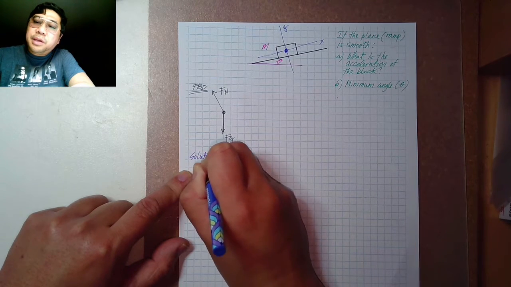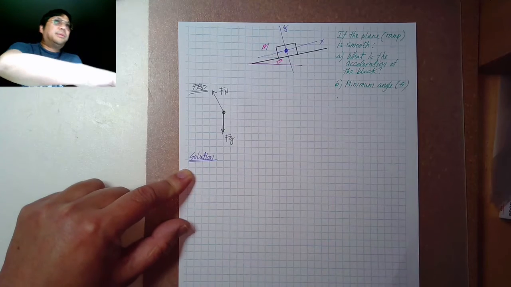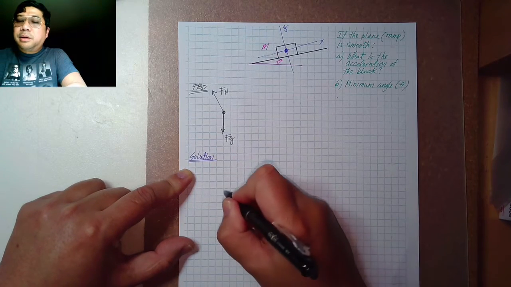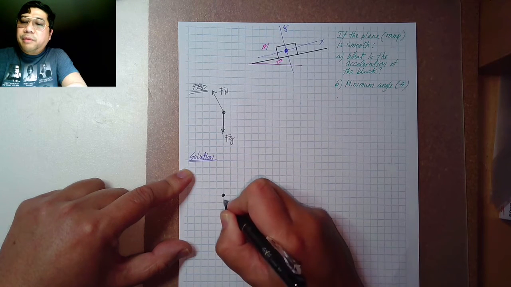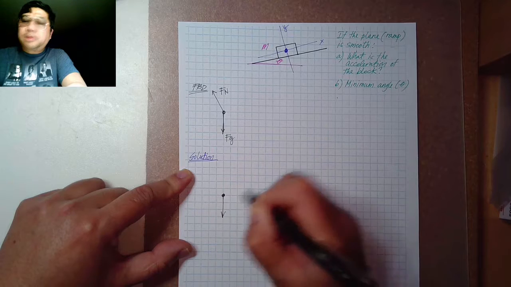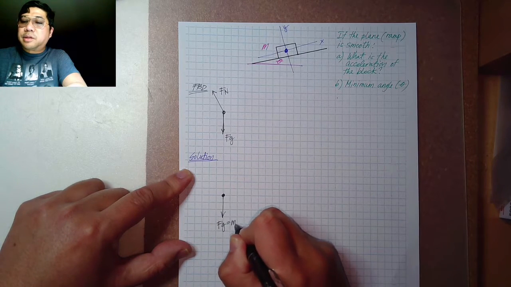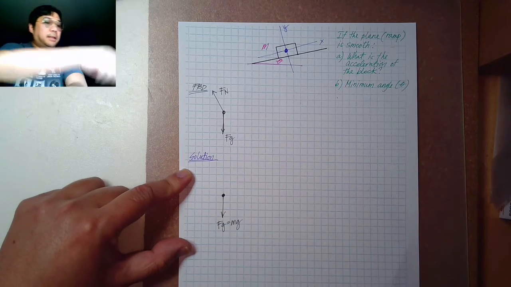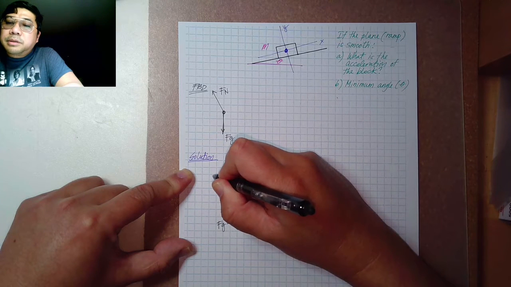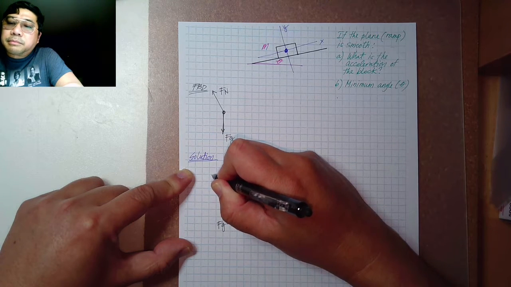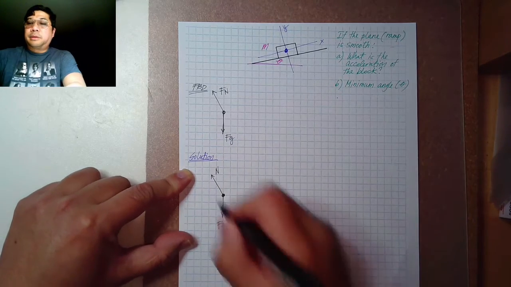As soon as you see it in your free body diagram, you might be able to see the scenario that I'm talking about. So we have our free body diagram with force of gravity going down, and that force of gravity is mass times g. And then we have our normal force, Fn, towards this direction.